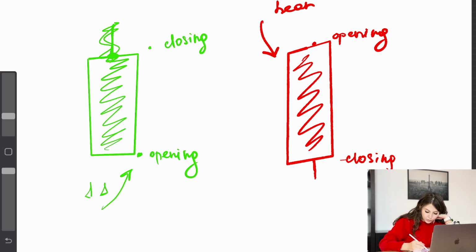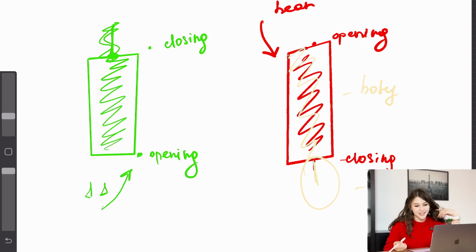So here is a part that you have to remember about the candle. This full colored thing is the body of the candle, and this thing is usually called the tail or the shadow. Everyone calls it differently. I usually call it the tail. This part gives us a lot of information.